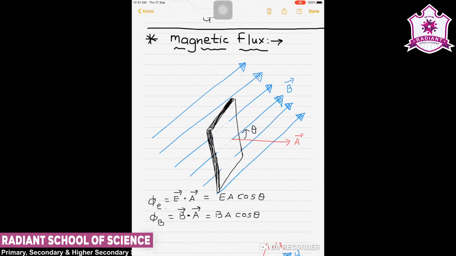each other. But sometimes the magnetic field lines are not uniform, or even the surface area is non-uniform.